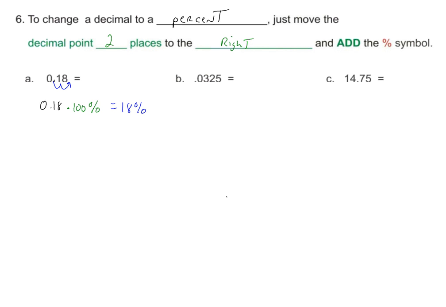For example B, move the decimal point 2 places to the right, 3.25, and add the percent symbol. That's pretty easy. 14.75%, okay. It doesn't matter wherever that decimal point is, just move it 2 places to the right, and remember to give the percent symbol.